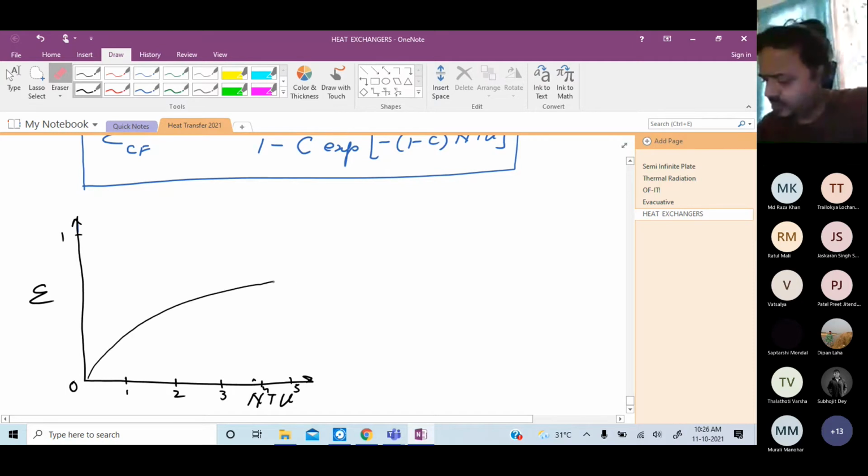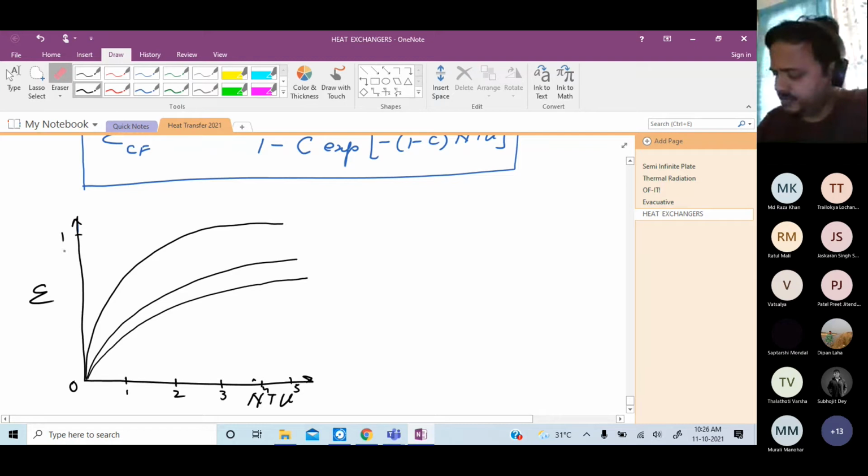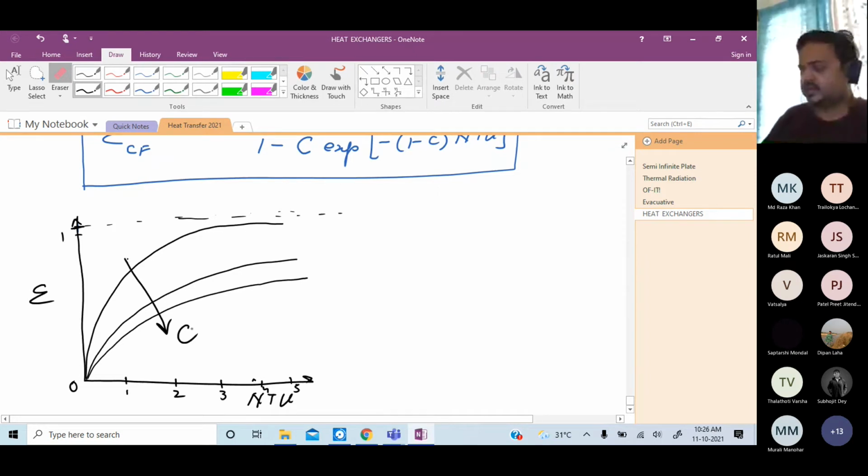And for parallel flow, this is how. Oh, so I went above 1. Okay, so let us say this is 1. It can asymptotically reach 1. And as you increase C, this is how it is. C equal to 1, C equal to 0.